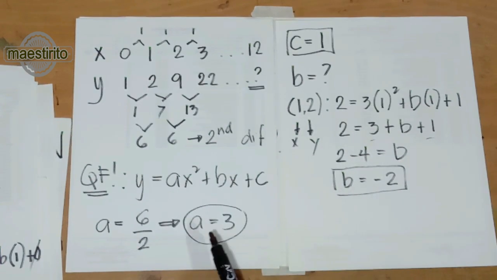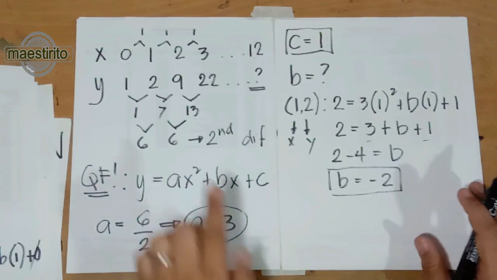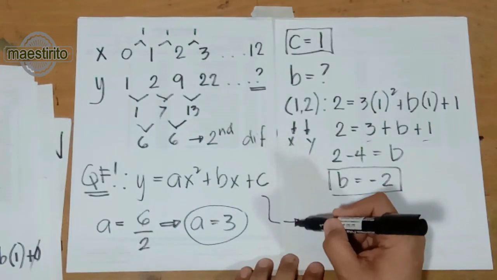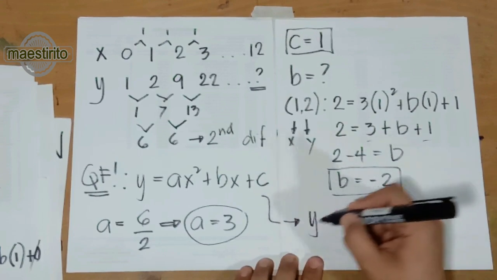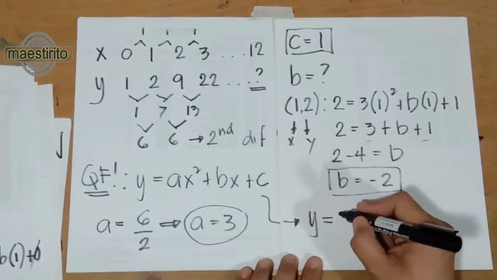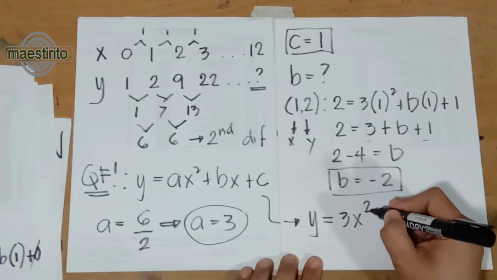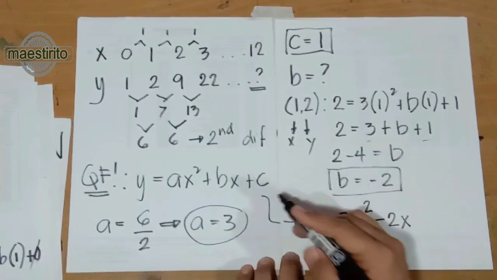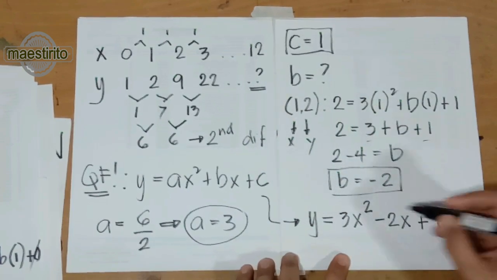There you go. You already have the a, the b, and the c. So, the model for this problem, or the pattern, or the equation, would be y is equal to a, which is 3, x squared, b, which is negative 2, so negative 2x, your c, which is 1, so plus 1.